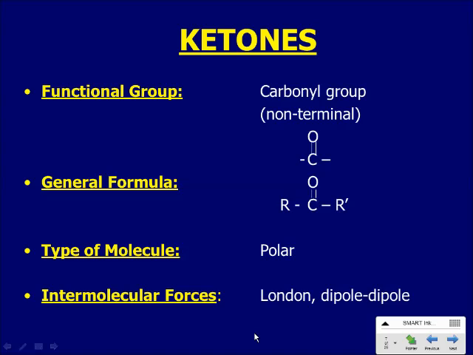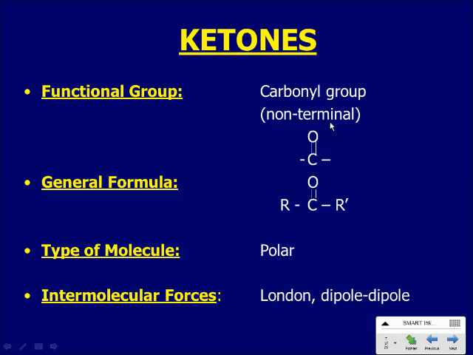So a carbonyl group. Our ketone has a carbonyl group, non-terminal. When we say terminal, we mean the end of the chain, right? So if we have a terminal alcohol, it's at the very end of the chain. If we have a terminal carbonyl group, it's at the very end of the chain, and it is an aldehyde.